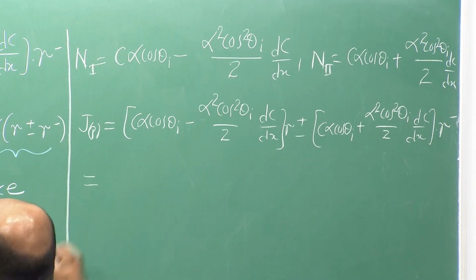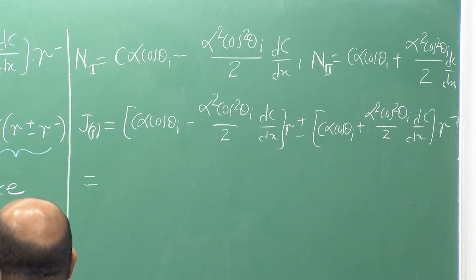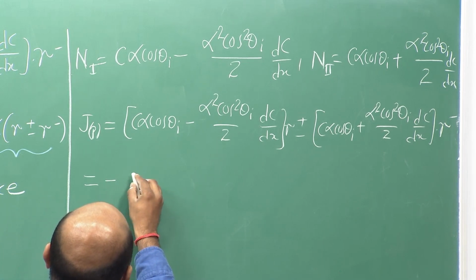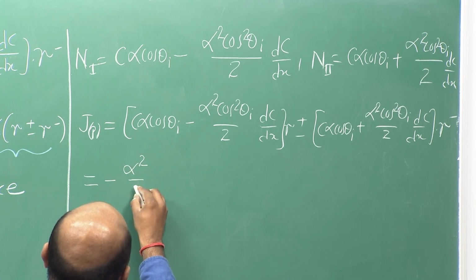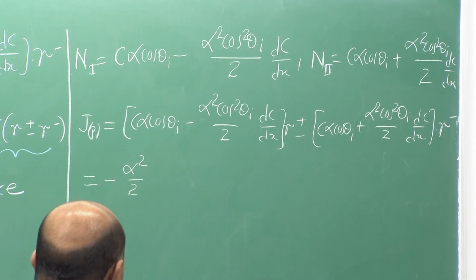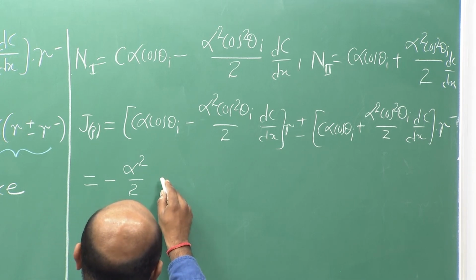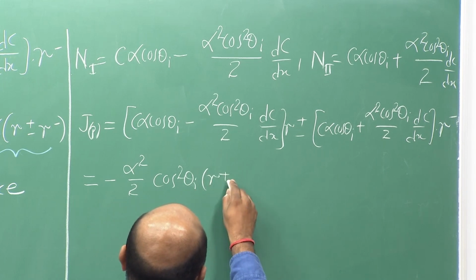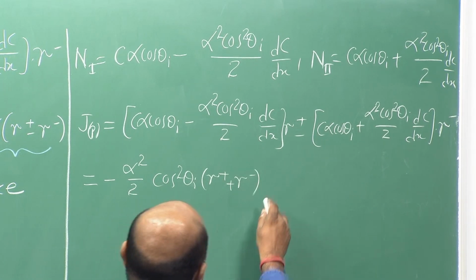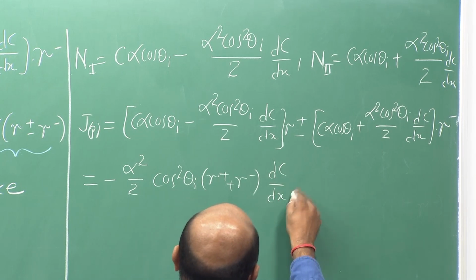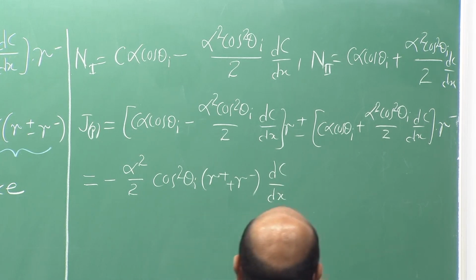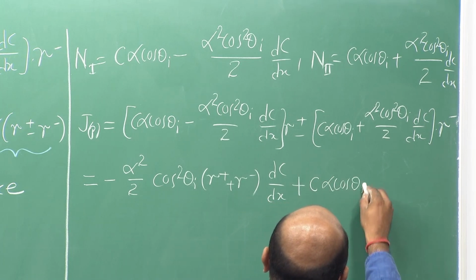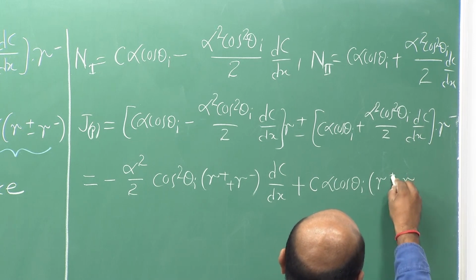So, if we rearrange the terms, you get minus alpha square by 2 cos square theta I, gamma plus plus gamma minus, dc by dx, plus C alpha cos theta I, gamma plus minus gamma minus.